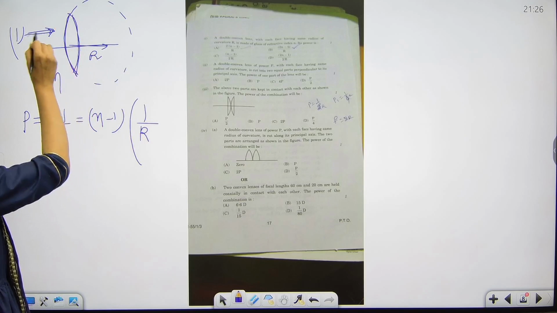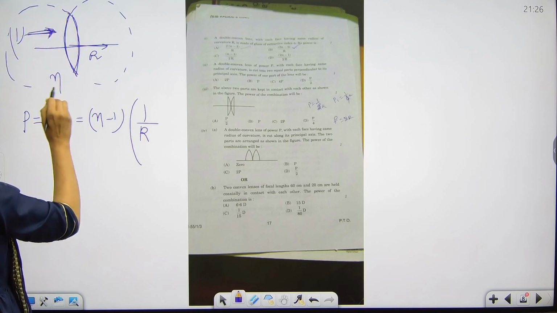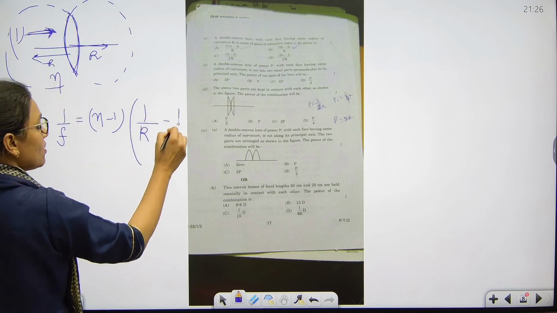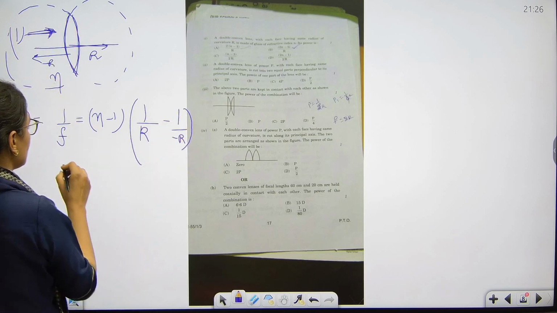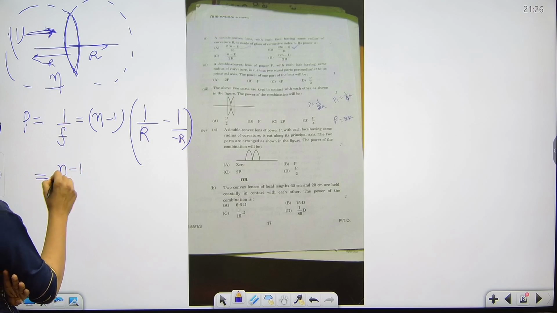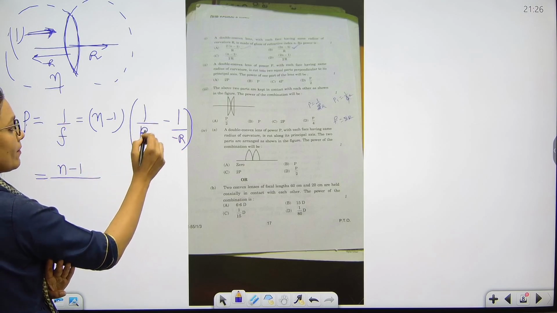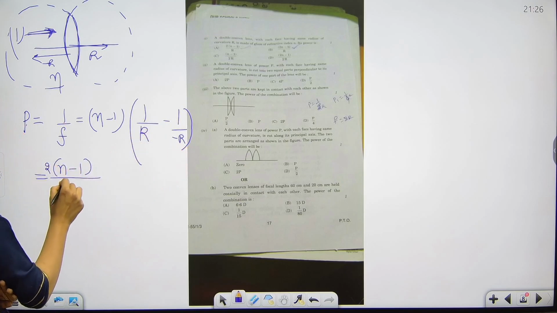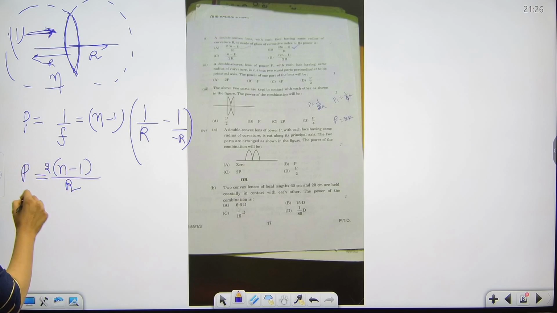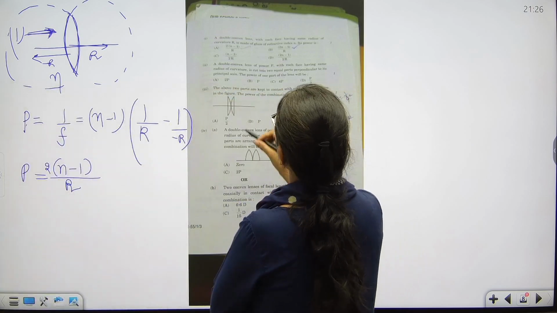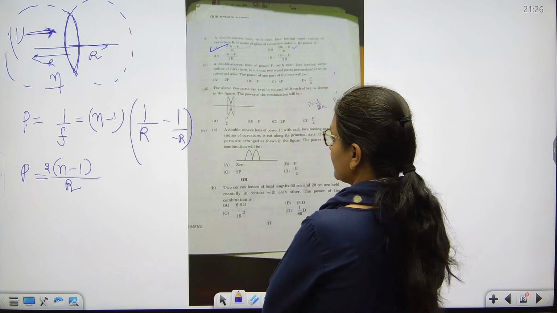For the second face, you are going in that direction, so its R value will be opposite from the pole, minus R. So minus of minus R. So the power, which is 1 upon F, will be n minus 1 divided by 1 upon R plus 1 upon R, which is 2 upon R. So the 2 will come outside and R will be here. This is the power, 2 into n minus 1 upon R. This is part A.